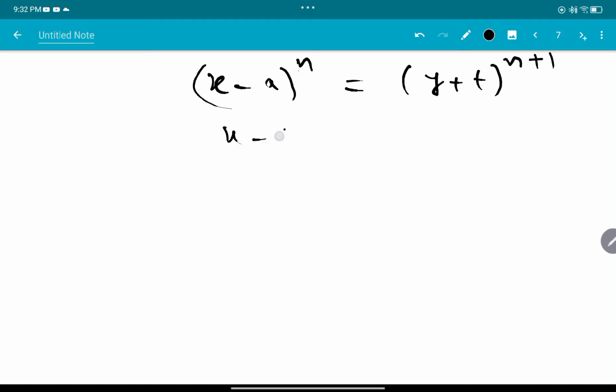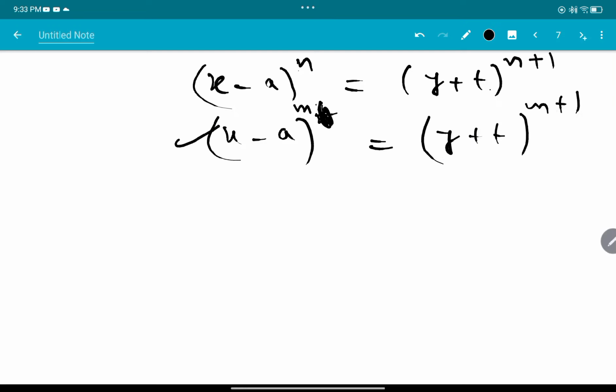Now I change the symbol of the index. I will not represent it by n, I will represent it by, say, m. It's y plus t raised to m plus 1. This is as true as this. No problem at all. It means that you can use any symbol, any letter for them.